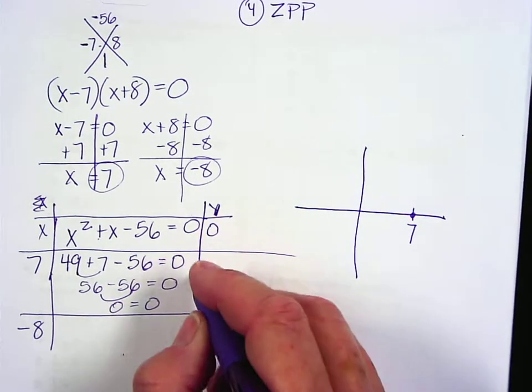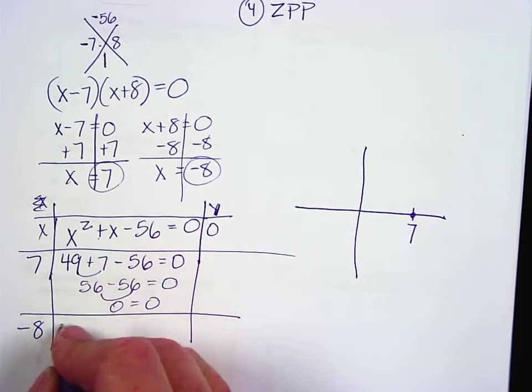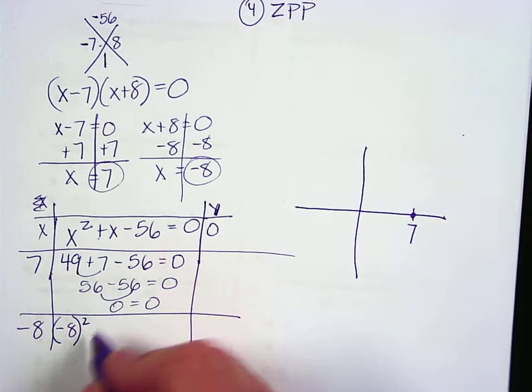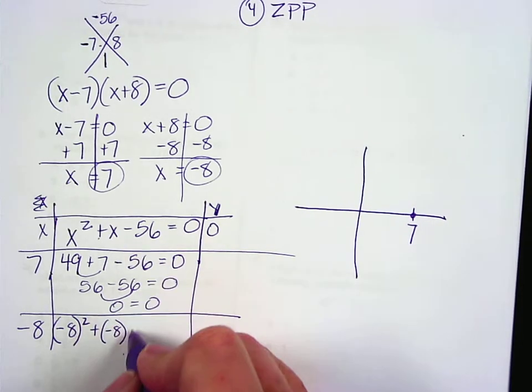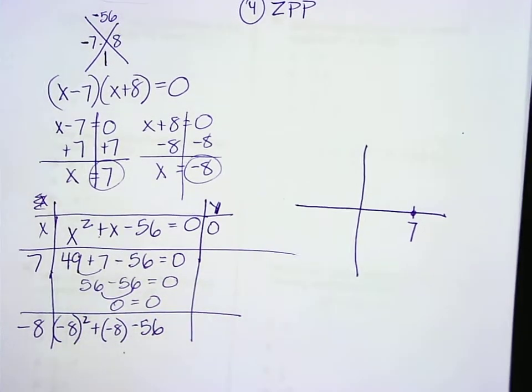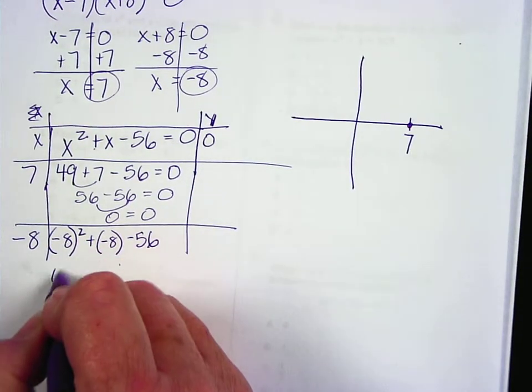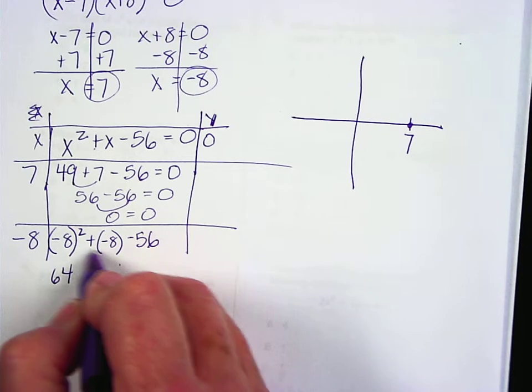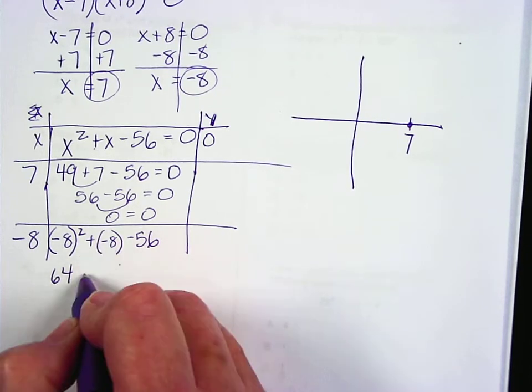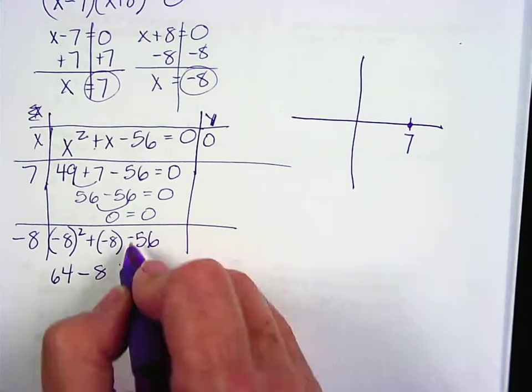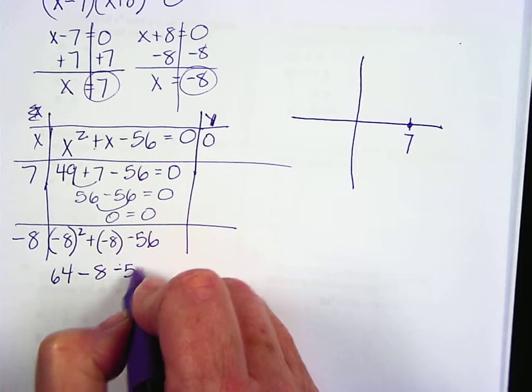Our other solution. Okay, if I take negative 8 and I square all of it, and then I add a negative 8, and then I subtract 56, well, let's see. Negative 8 quantity squared is positive 64. This is combining that with a negative 8, and combining that with a negative 56.